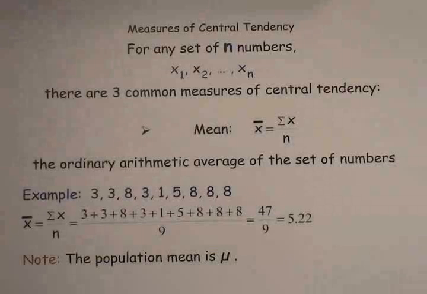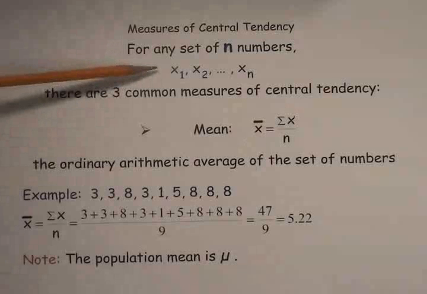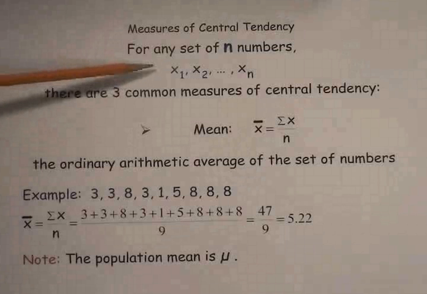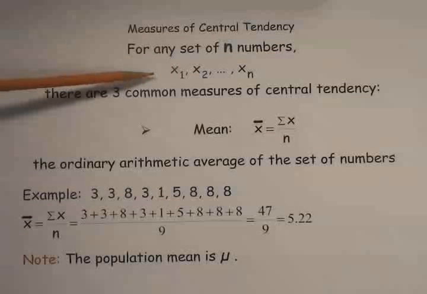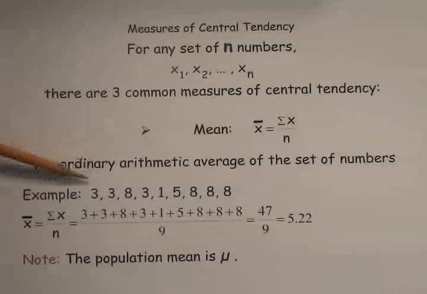Now, there is a distinction here that I want to make note of, and that is everything that I've said so far assumes that this set of numbers that we're talking about is a sample from some larger population. For example, these x's might be 9 scores on a quiz, and I just took a sample of 9 students in a class of, say, 200.